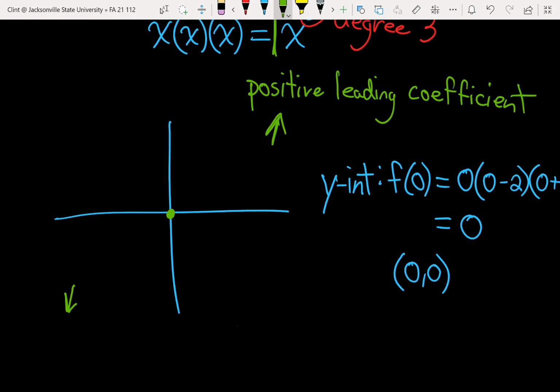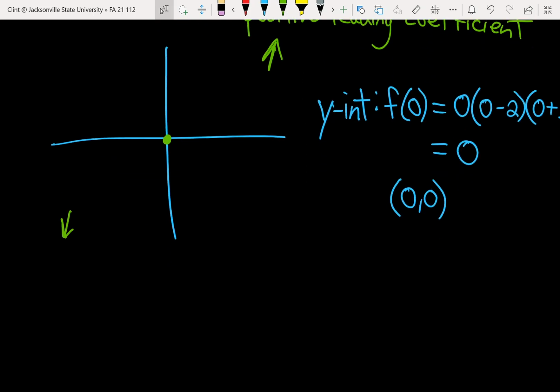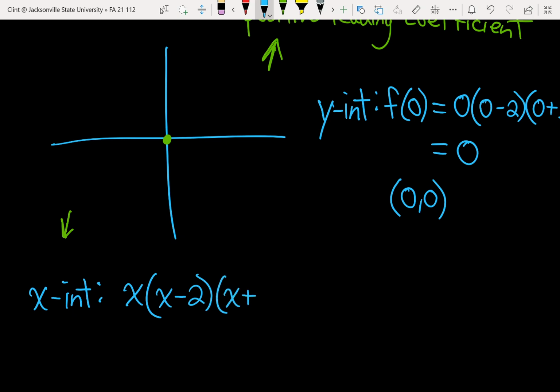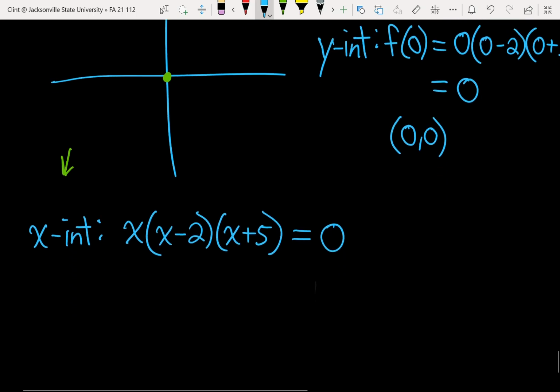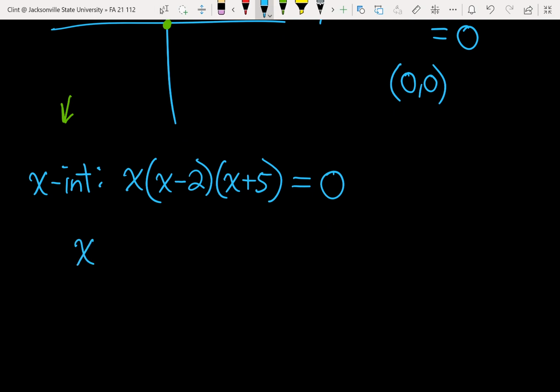And then the last big thing, we'll find the x-intercepts. To do that, I'm going to take my function, x times (x minus 2) times (x plus 5), set that equal to 0, and solve for x. This part's a little easier on this one because it's already factored for us. So we just set each factor equal to 0. Here's the one I already knew about, x equals 0.